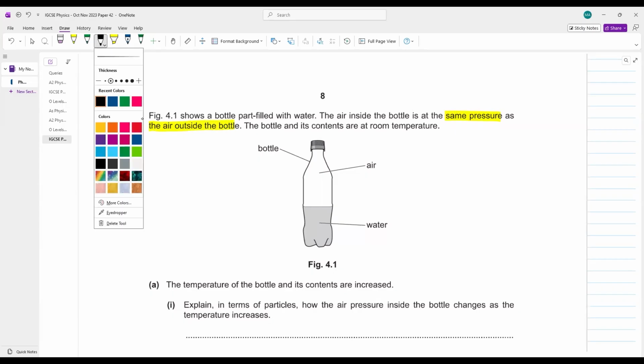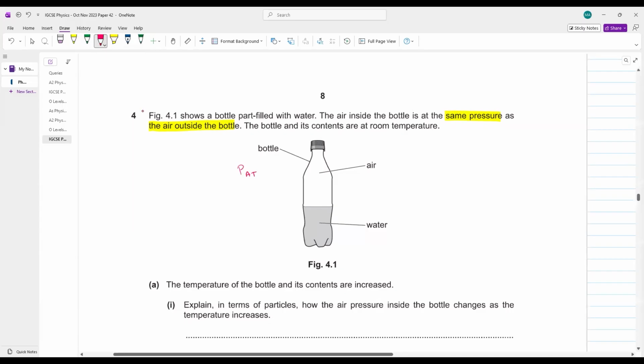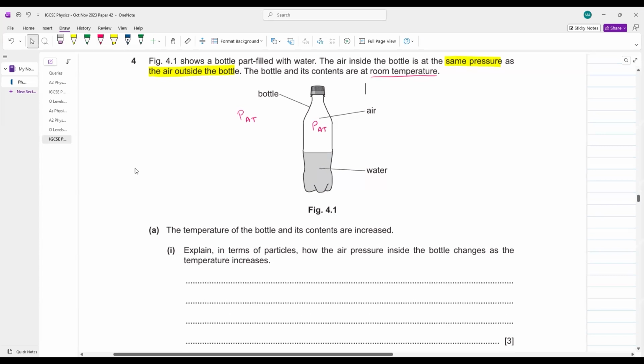So the atmospheric pressure of the air outside is the same as the pressure inside the bottle. The bottle and its contents are at room temperature. The temperature of the bottle and its contents is increased. Actually, let's suppose you have placed a heating source here. This causes the temperature of the bottle and the contents inside to increase.